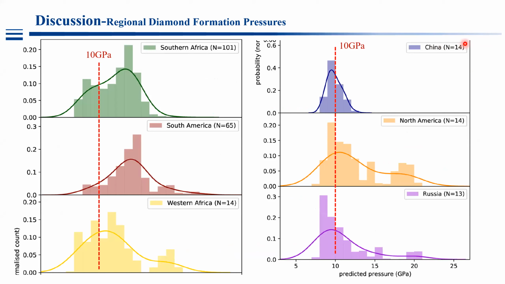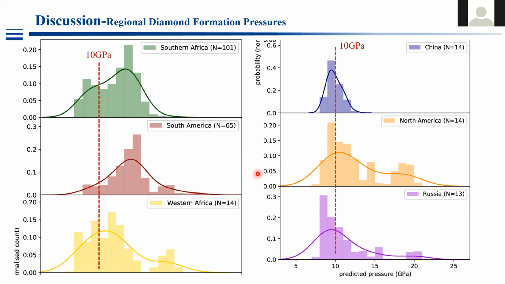These figures. Yeah. So actually, I forgot what he explained for 10 GPa. My understanding is that maybe 300 kilometers, let's say, is the lithosphere-asthenosphere boundary.